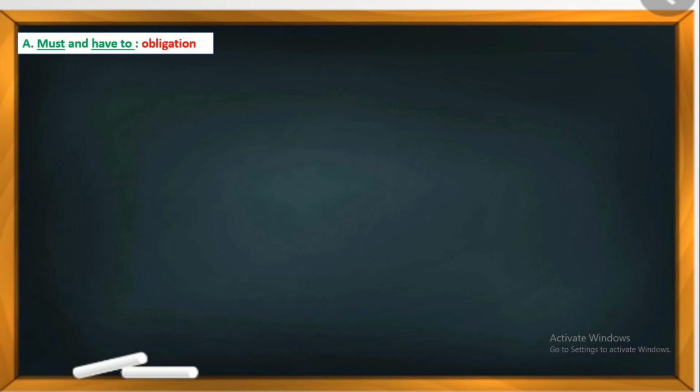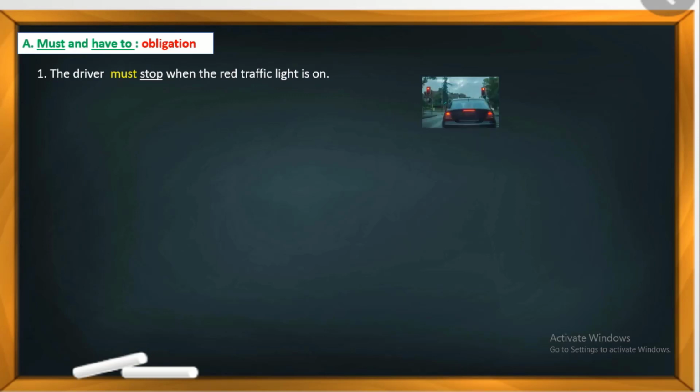The first one is must and have to. These two modals are used to express obligation. What do we mean by obligation? We say that something is an obligation if it is very, very necessary, if it's very obligatory. For example, the driver must stop when the red traffic light is on.